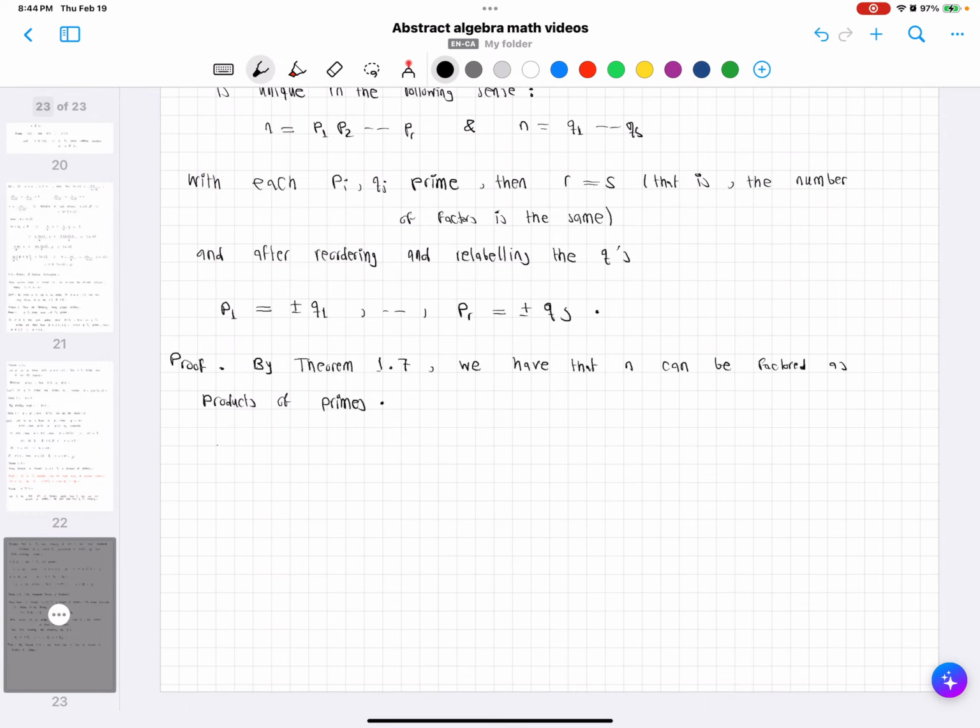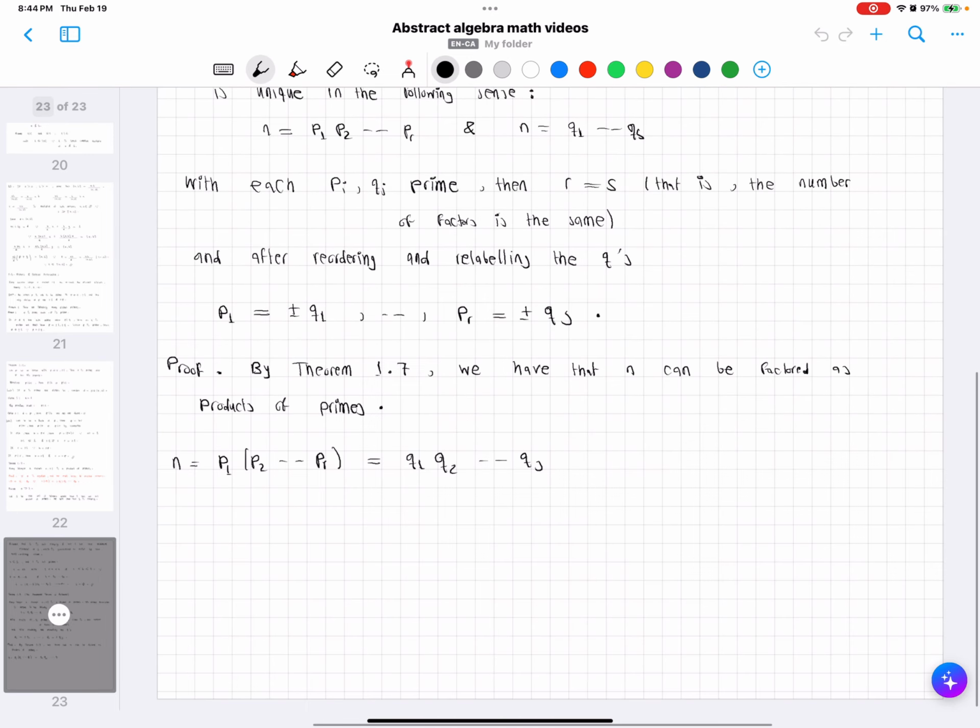So that means, let's say we have two different ways to represent n: P1, P2 up to PR, which is equal to Q1, Q2 up to QS.